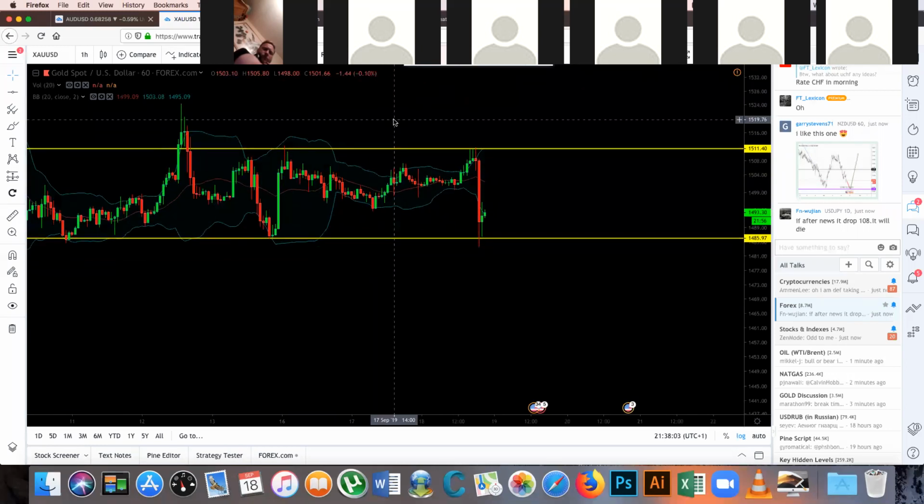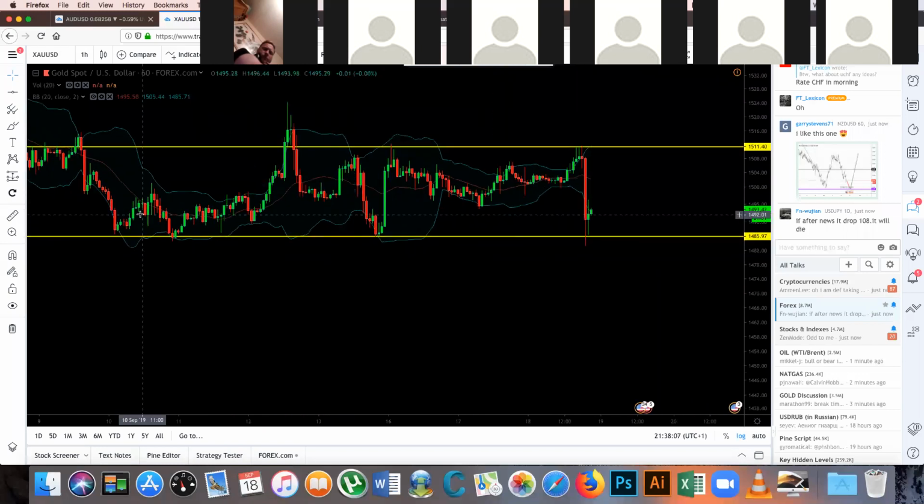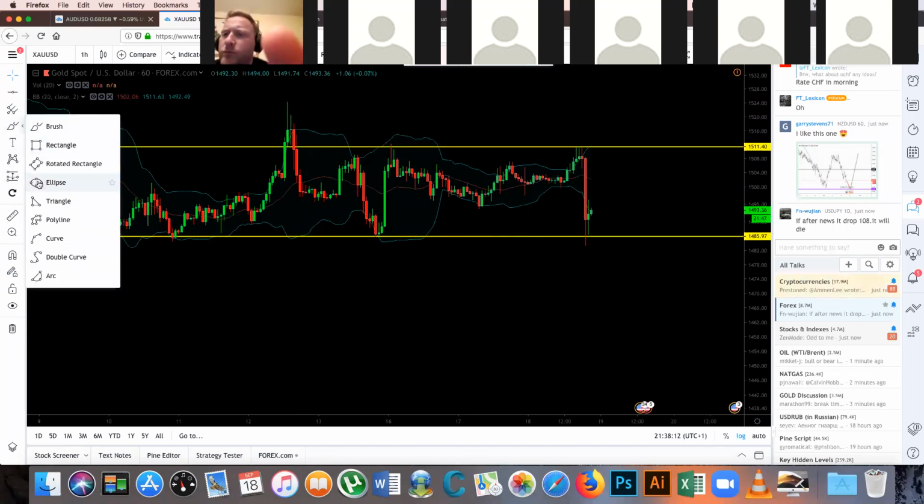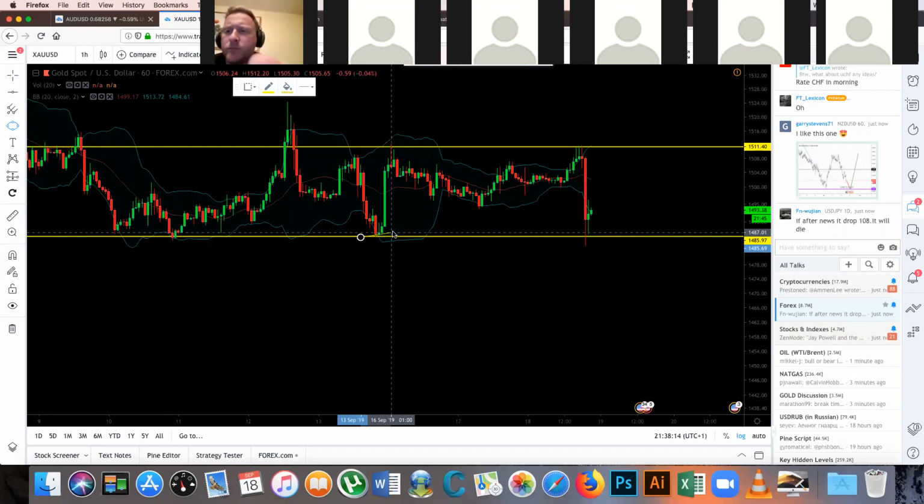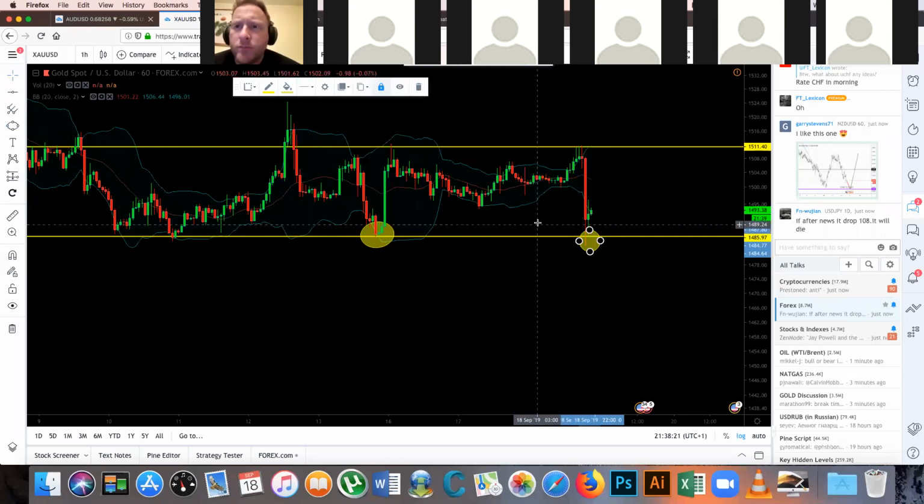What I've done here is I've drawn a support around here. The reason is that every time I see price hit it, you can see where it decided to make a U-turn and go the other direction.